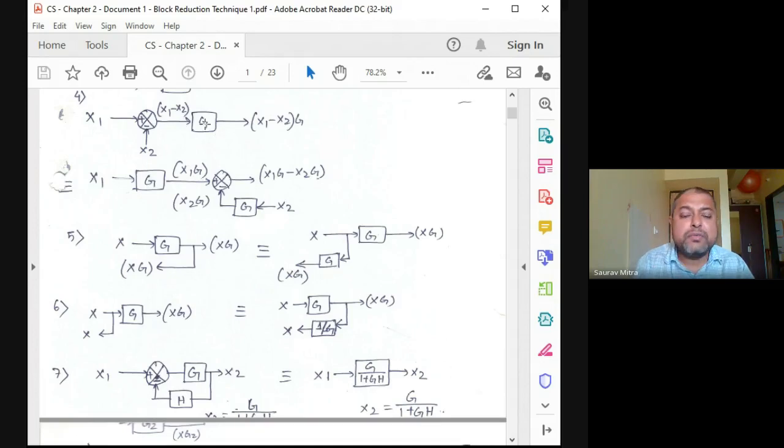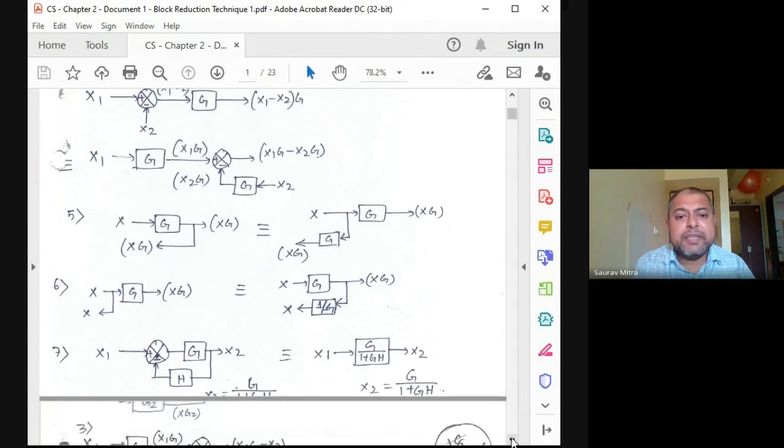In this top case, with one amplifier we could get the output as (x1 minus x2)g. But if we are taking this gain block before the summing point, instead of one, we will be requiring two amplifiers. So if you want a circuit optimized point, then this below circuit is not optimized, because here there are two gain blocks with the same gain, but this top one is an optimized block, because only with a single gain block we can get the output as x1g minus x2g.